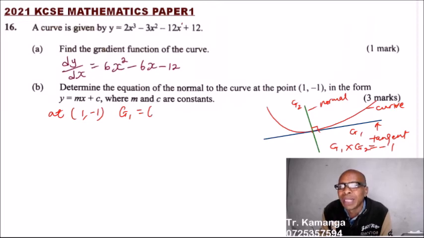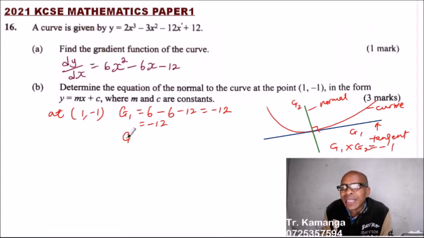So this will be 6, and x is 1, so 1 squared is the same as 1. So 6 times 1 is 6, minus 6 multiplied by 1 is 6, minus 12. So 6 minus 6 is 0, minus 12 we get minus 12. So the gradient here is equal to minus 12.